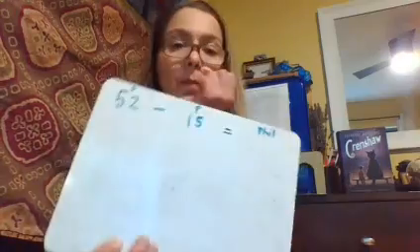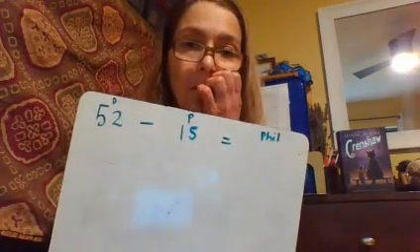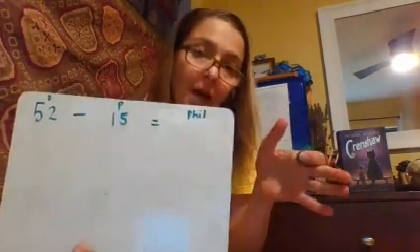So now they want to know, how many does Phil have? So you could solve this as a subtraction problem to get your difference. But you can also solve it as an addition problem.